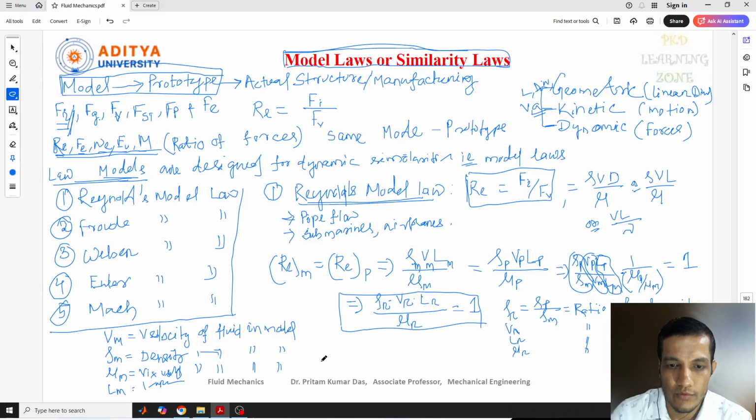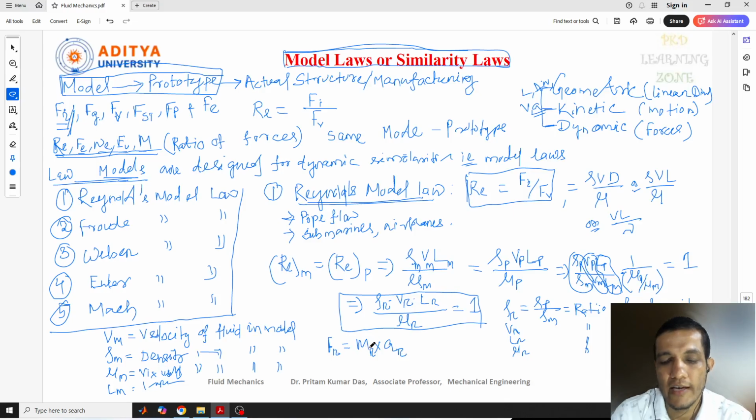Let me write it here in one line. If you want to calculate the force ratio Fr, the force scale ratio, what is the formula of force? That is mass into acceleration. The mass of the fluid and the acceleration of the fluid, so we can write the mass ratio and the acceleration ratio.